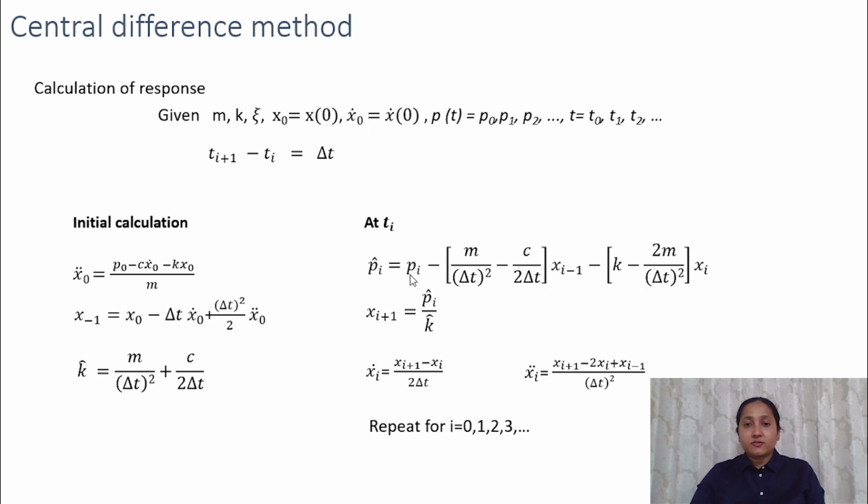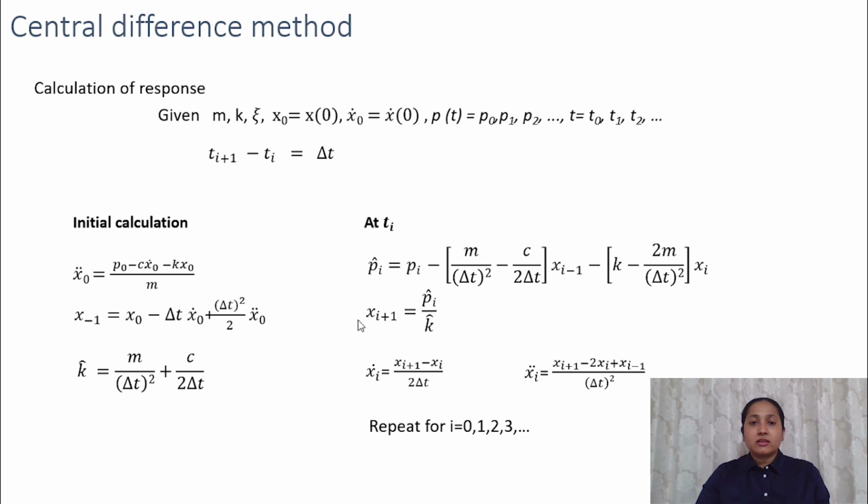For that we need p naught, which we already know, and x minus 1, which we have calculated here, and x naught, that is the initial displacement we already know from the beginning. So using these we can calculate x1, that is the displacement at the next instant, so after a time difference delta t.